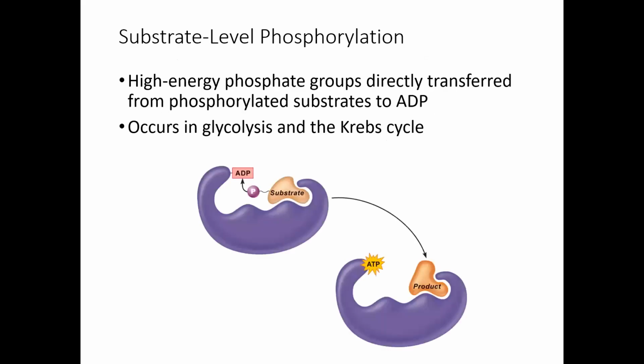So anyway, substrate level phosphorylation. The substrates, the portions of the glucose molecule, land on the active sites of the enzymes, and we strip off those electrons, we strip off the energy, we strip off the hydrogens, and we can use that energy to make ATP.